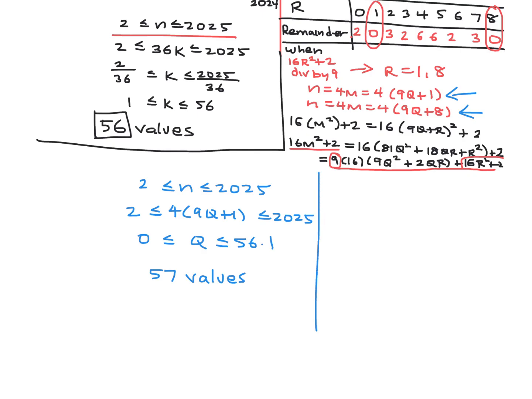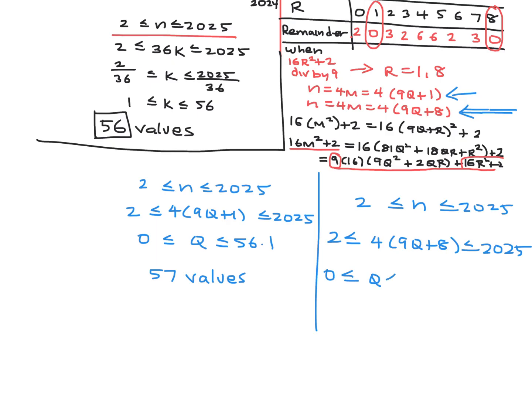And then for this guy, same kind of story. Up to 2025. This time it would be 4 times 9q plus 8, and then again divide through by 4, subtract 8 and divide by 9, and you will get the following. q is between 0 and 55.